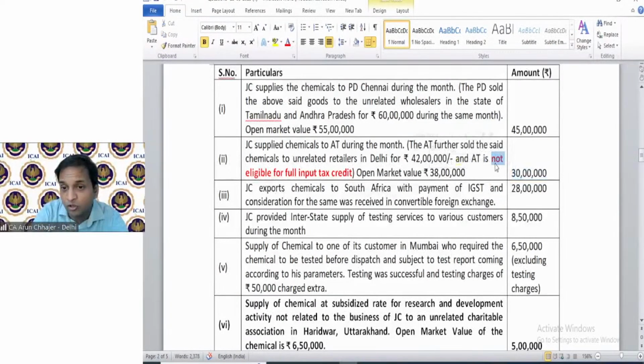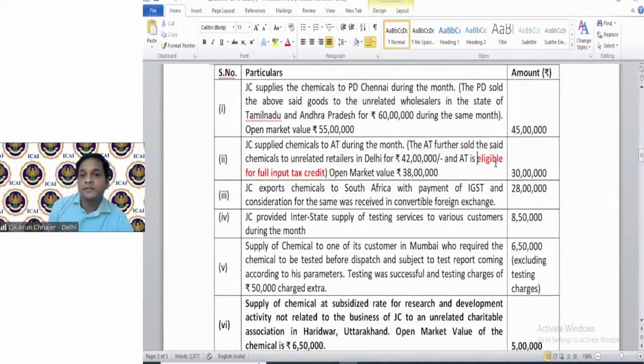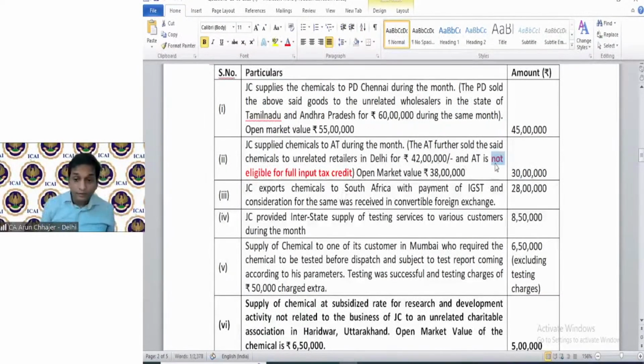Suppose this word "not" was not there, I could say 30 lakh would be the value of supply. Because it says not eligible for full ITC, I cannot accept the value declared on the invoice as per Rule 28 second proviso.